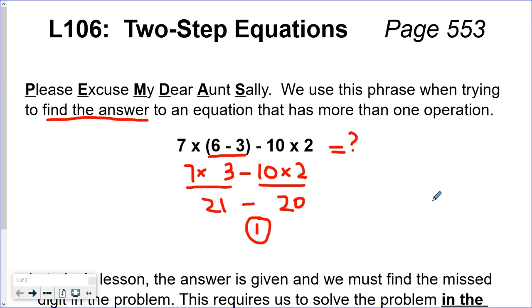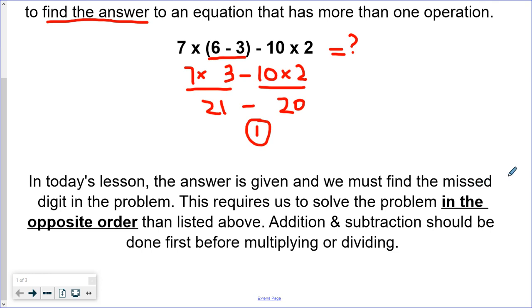This is nothing new. In today's lesson, we're going to be doing the opposite. In today's lesson, the answer is actually going to be given for you, which means they're going to tell you what the answer is. We have to find one of these missing numbers, one of either this one or this one or this one.